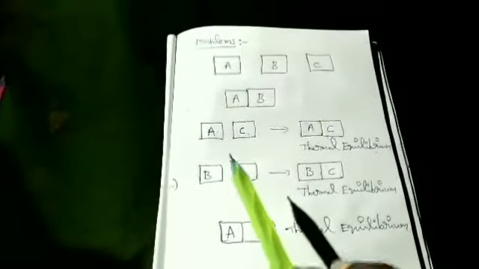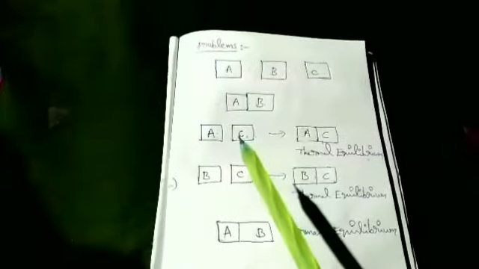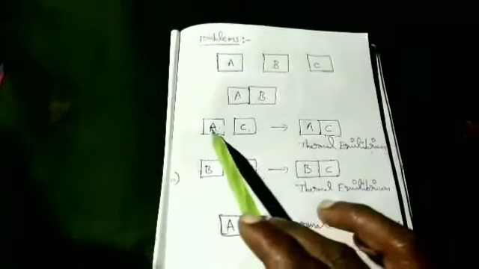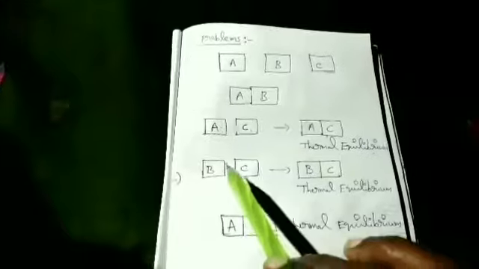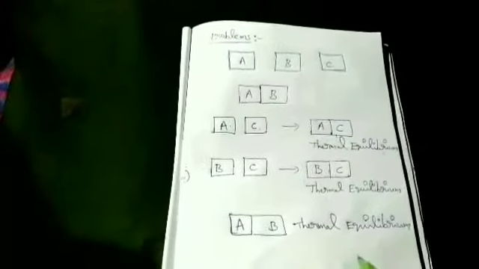So totally here A is in thermal equilibrium with the body C and B body is in thermal equilibrium with the body C. Then we can say here A body and B body are in thermal equilibrium.